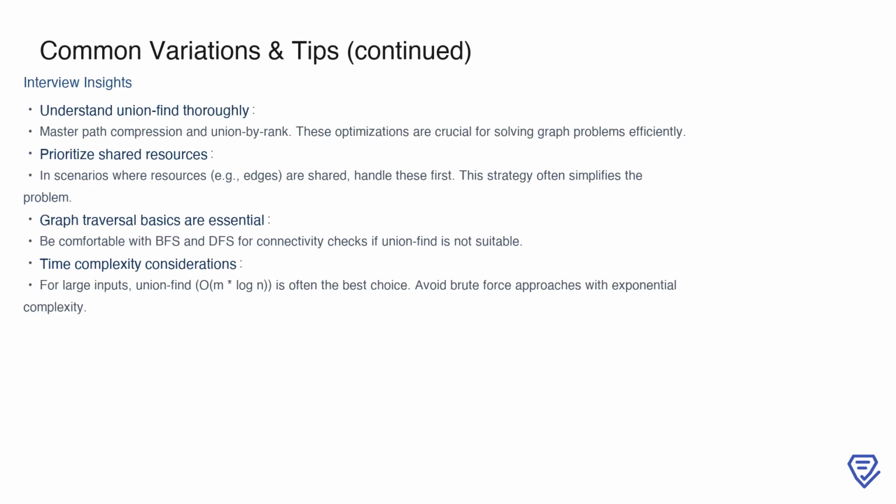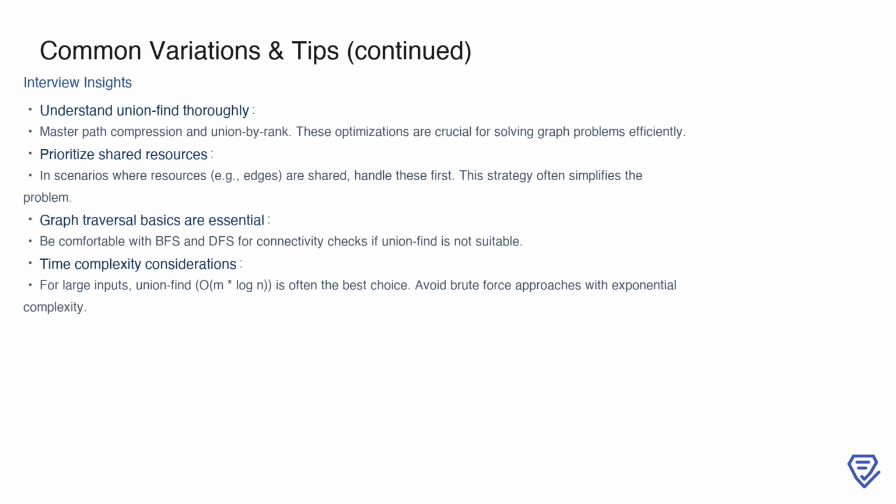When preparing for interviews or tackling similar graph problems, it's vital to have a solid understanding of union find. Specifically, mastering path compression and union by rank is crucial, as these optimizations allow you to solve graph connectivity problems more efficiently. Another key insight is to prioritize shared resources. In scenarios where resources, like edges, can be shared between entities, handling these shared elements first often simplifies the problem and streamlines your solution.